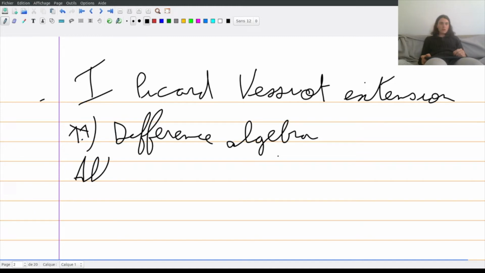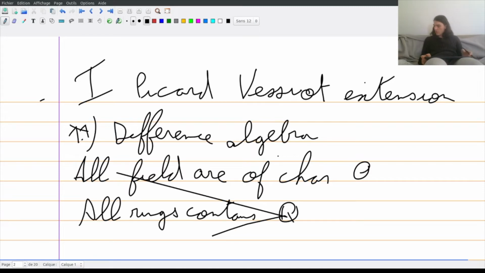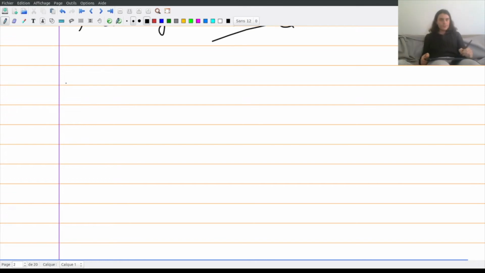So in this talk, all fields are of characteristic 0. All rings are unitary and therefore contain Q. So, definition.